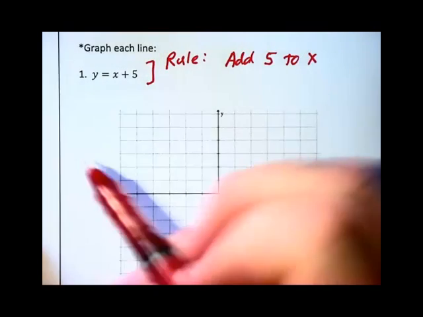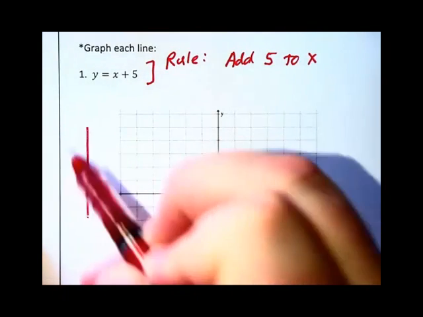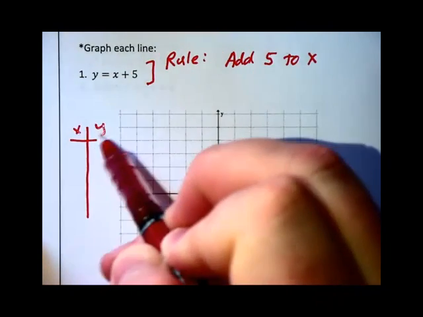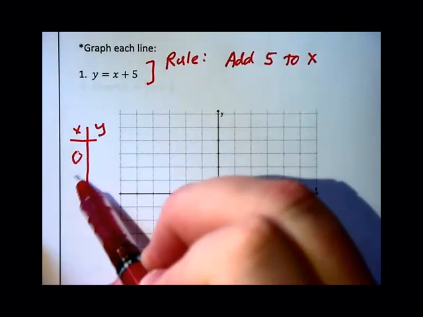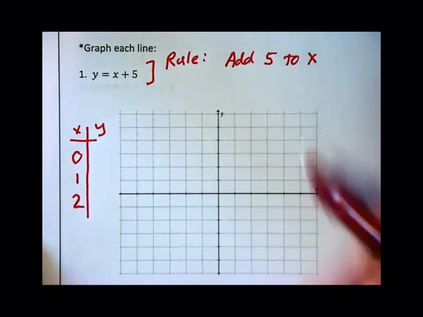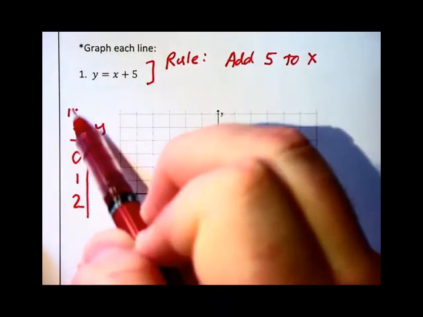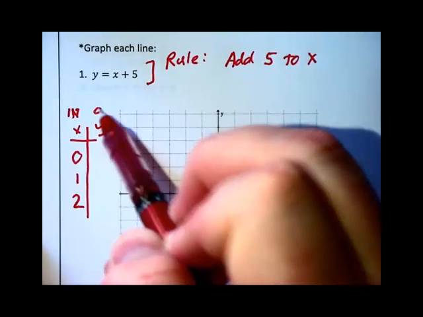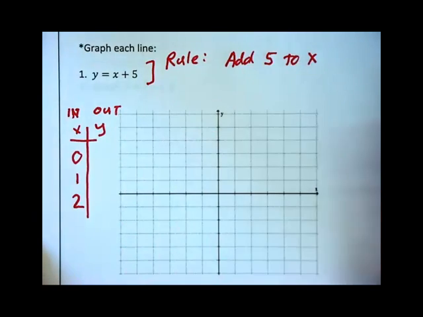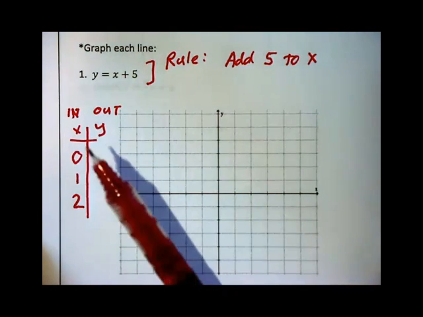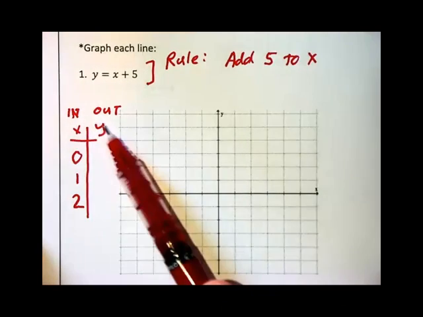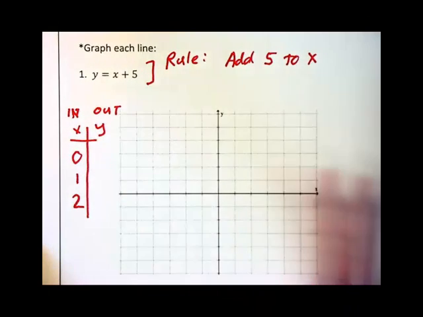Now we're going to create what's called an xy chart, and I'm going to insert numbers such as 0, 1, and 2 as input values. You can think of your x column as in values and your y column as output values. Later on in your next course we will change the words in and out to domain and range.